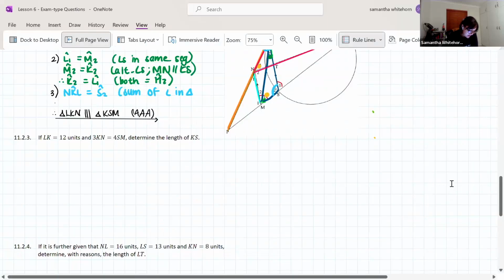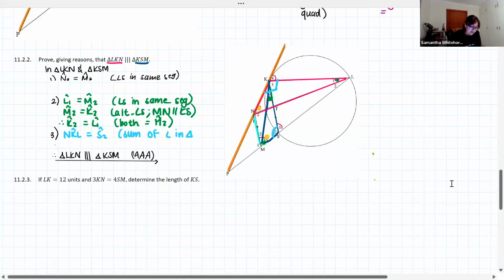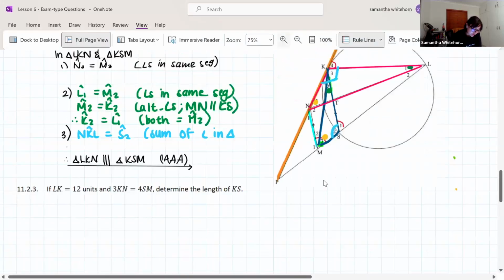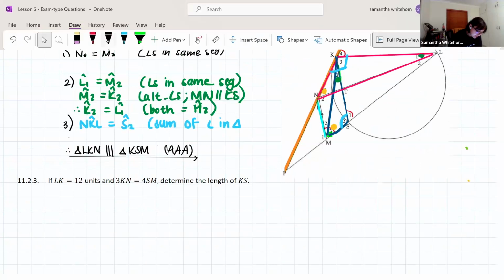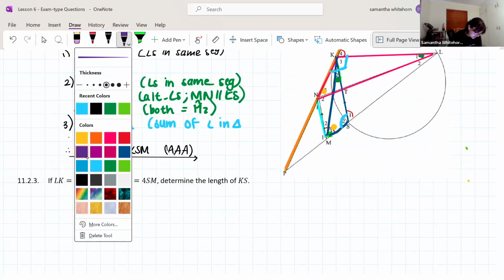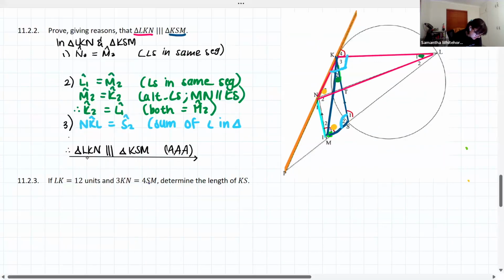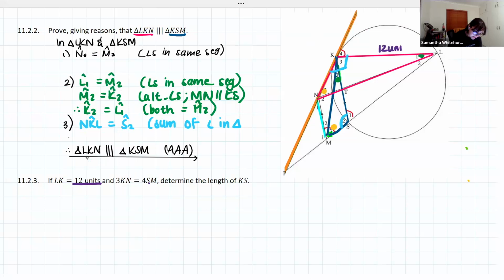So if we have a look at 11.2.3, we've now been given some additional information. Again, I'm giving you information because it's useful. So we have been told that LK is 12 units, LK is up here. And we've been given essentially what is a ratio. So this 3KN is to 4SM.